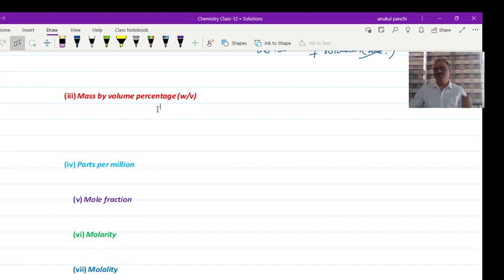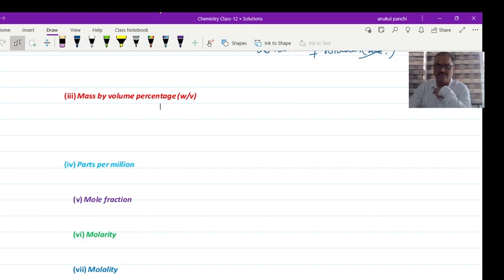Then we use mass by volume, W oblique V percentage, because for the component which is solid, we take the mass, and for the other component which is in liquid state, we take the volume, because it is easier. It is easy to take mass of solid and volume of liquid.